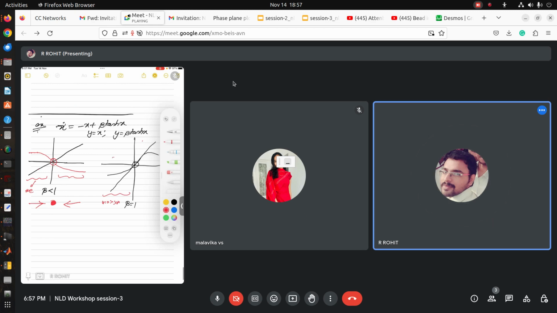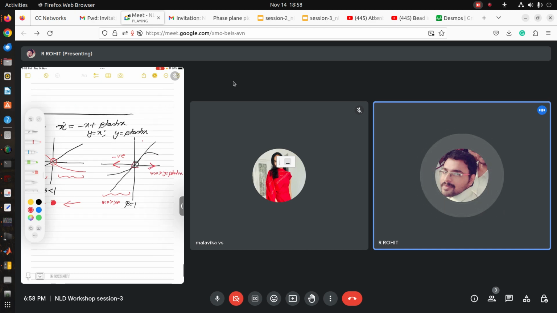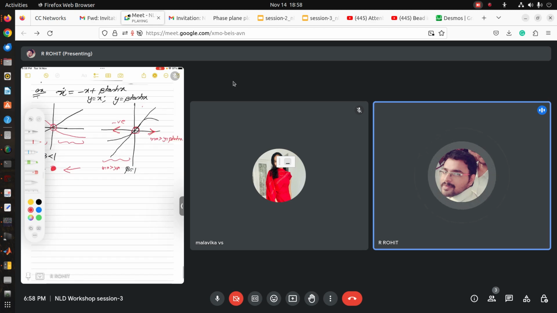So that means it is negative, and it should go in the left direction. At the same time, here it should be positive, so it should go in the right direction. So now this point has become unstable.